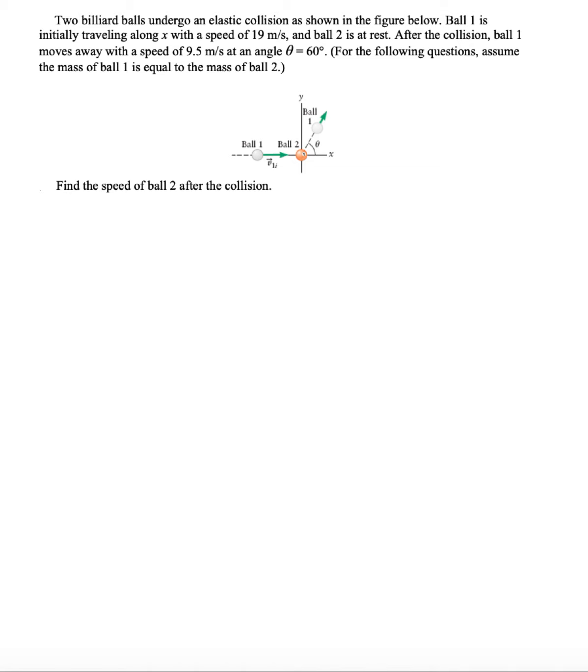So this is a two-dimensional collision problem, and for any collision, we always see that the sum of the initial momentum equals the sum of the final momentum. But since it's two-dimensional, we need the vector initial momentum to equal the vector final momentum.